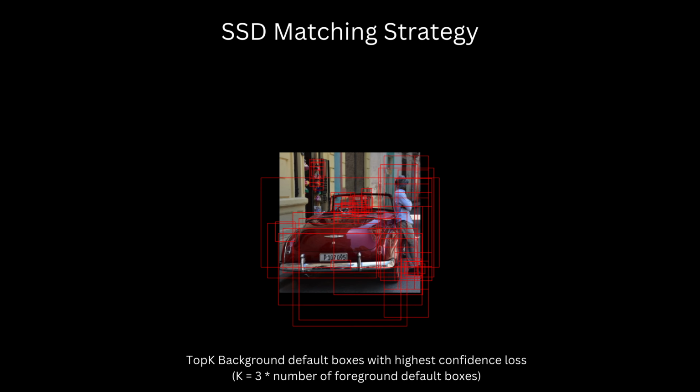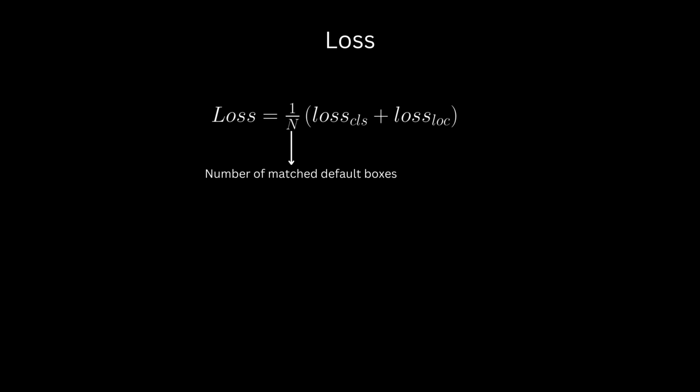We have seen how default boxes are matched to ground truth boxes. Now let's take a look at the loss with which SSD is trained. Similar to all models that we have seen so far, SSD is trained with a sum of classification or confidence loss and localization loss divided by the number of foreground default boxes in the batch.